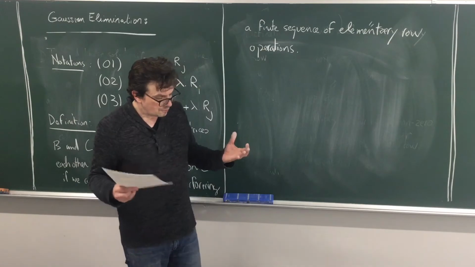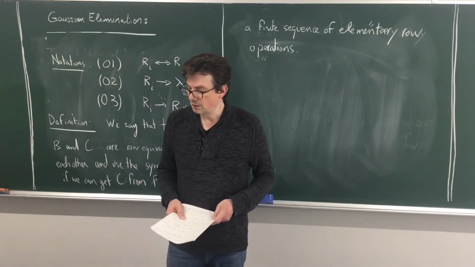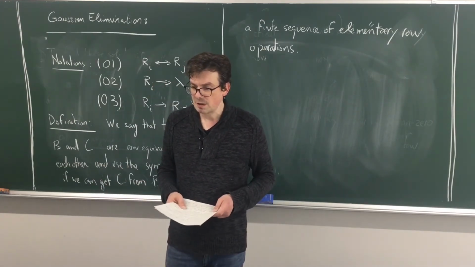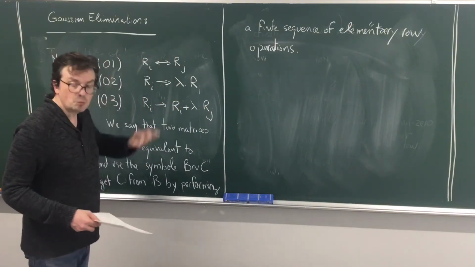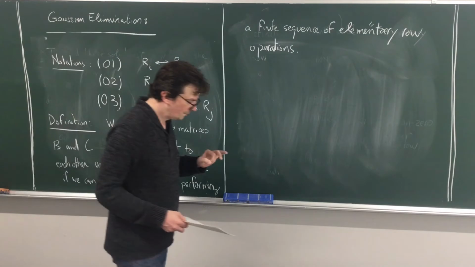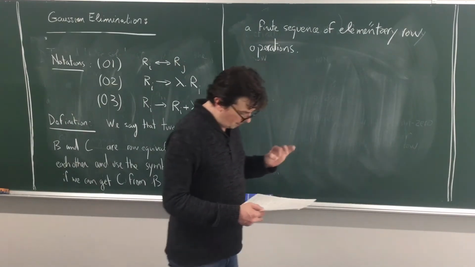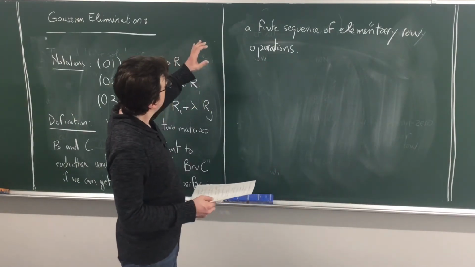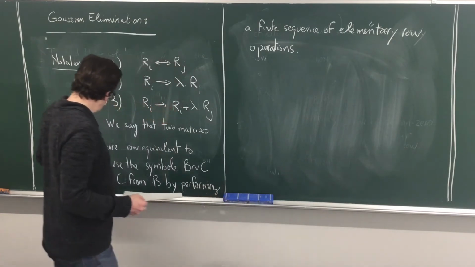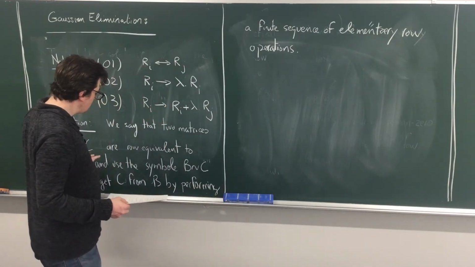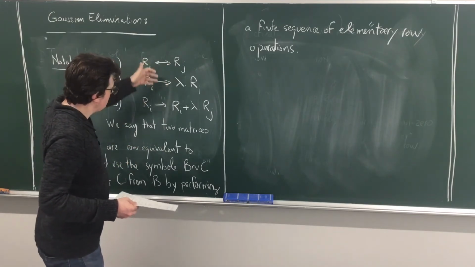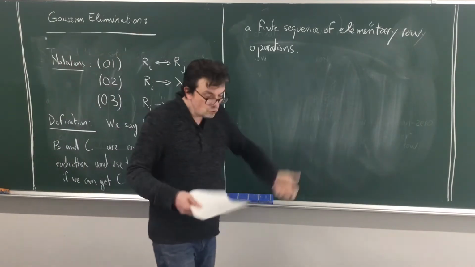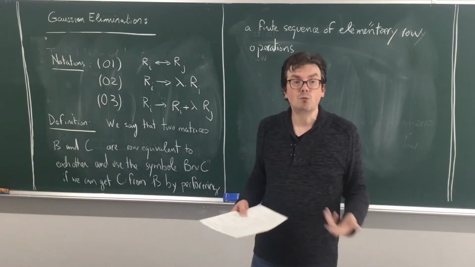Then the method of Gauss, called Gaussian elimination, will use these operations that do not modify the set of solutions. And if we start from an augmented matrix and do a finite sequence of any of these operations, we get a new augmented matrix, and we say that they are row equivalent.